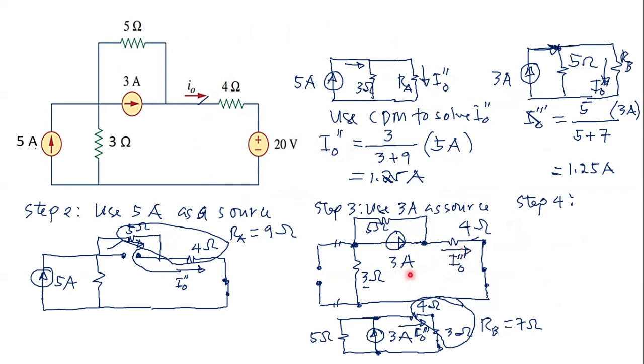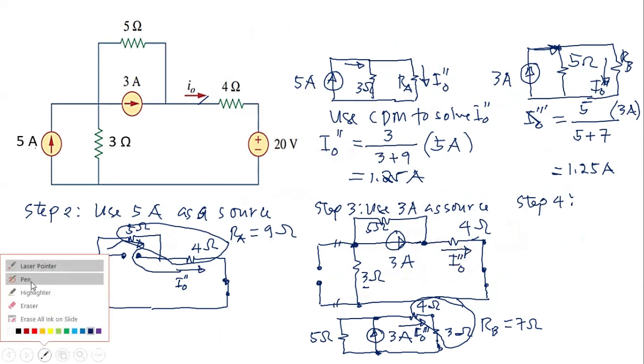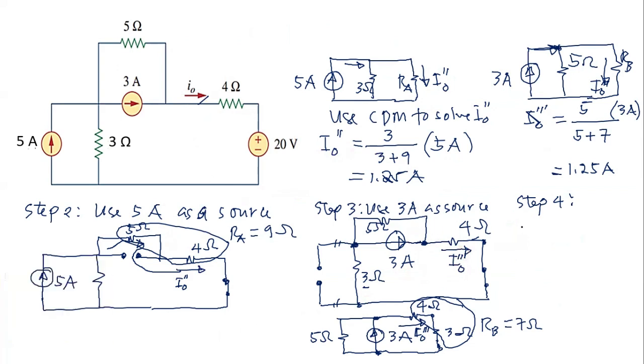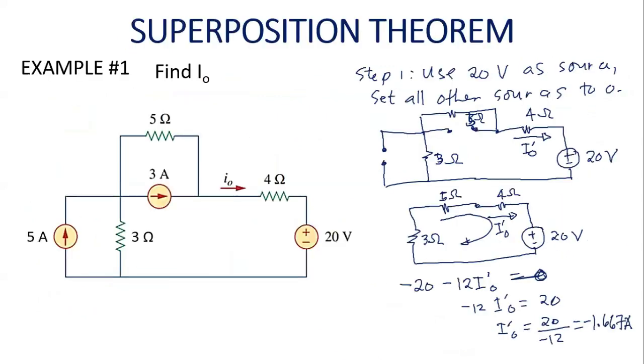So meaning, the total IO of the circuit when the three sources are connected to it is just equal to the sum of the three currents. It's the algebraic sum, meaning we are going to consider the sign. Now, if you will substitute, the value of IO prime is negative.